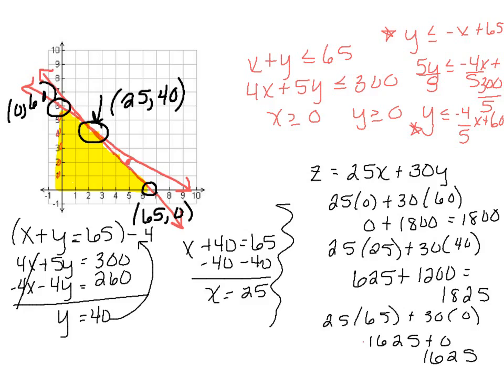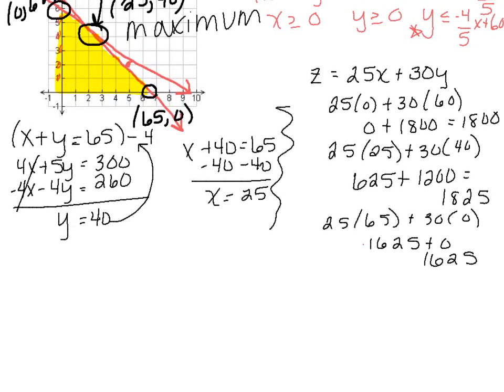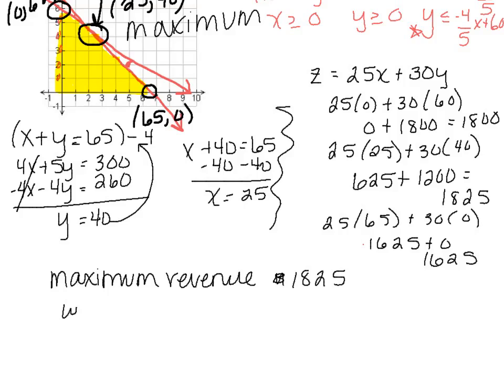So it looks like our maximum value revenue is 1,825 when we did 25 canoes and 40 kayaks.